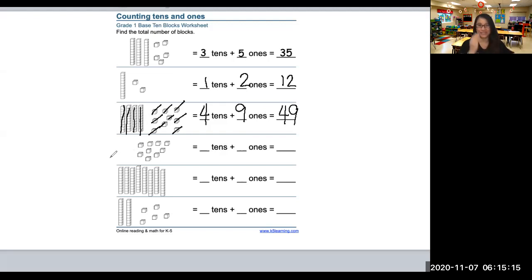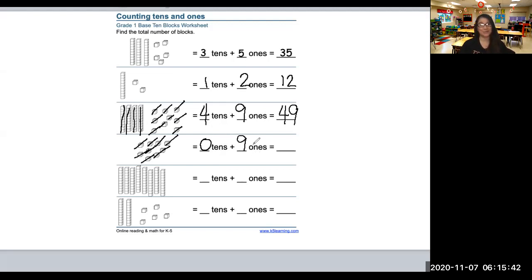Do you see any groups of tens? Yes, I don't see any group of tens as well. So we just put the number 0. Now, how about those ones? Let's count them. 1, 2, 3, 4, 5, 6, 7, 8, 9.